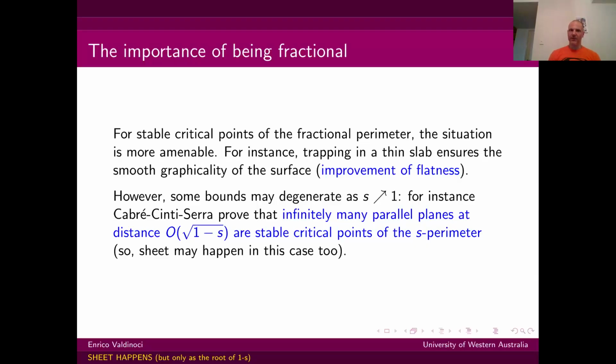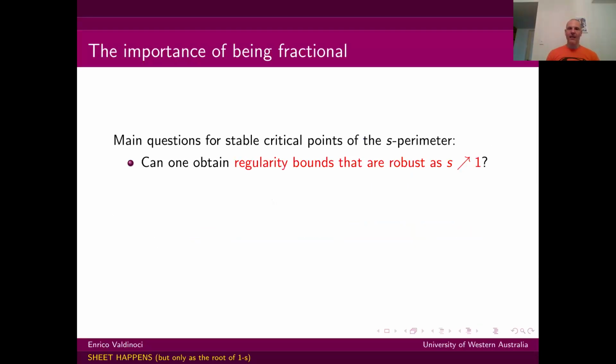So this is important because it's suggesting that sheeting can happen, but when you have parallel planes, they cannot get too close together. So you have a lower bound on the sheeting phenomenon. And this is exactly the starting point of the result I'm going to describe now.